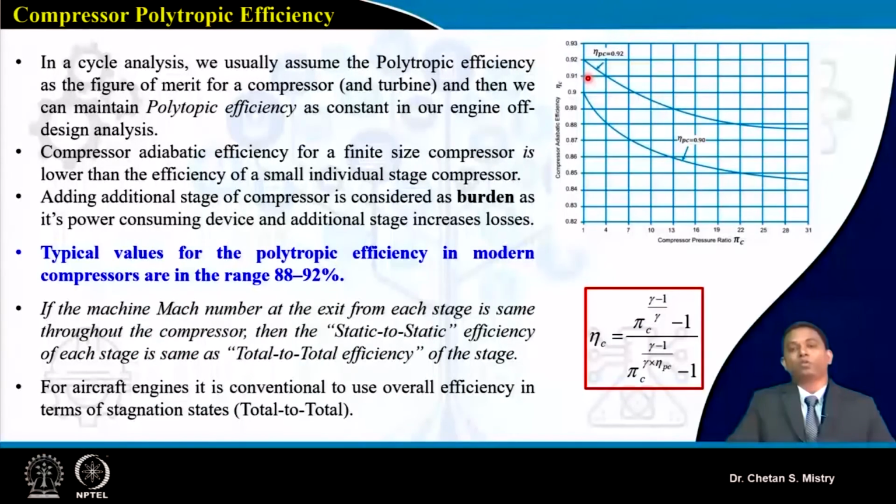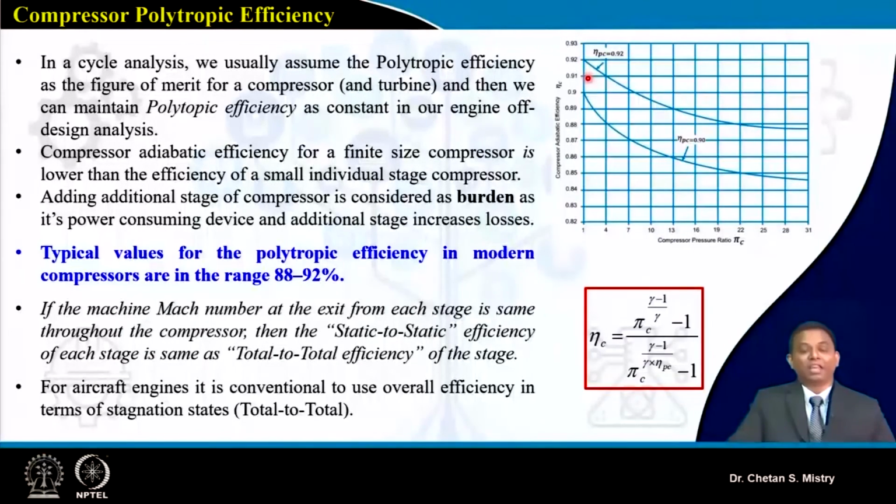If you are able to design your compressor stage in such a way that your polytropic efficiency is large, that means aerodynamically you are designing your compressor so that the losses are less, then your polytropic efficiency comes out high. If that is the case, your adiabatic efficiency will be large.